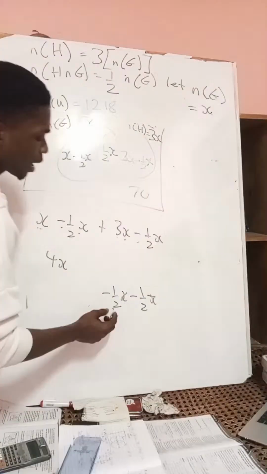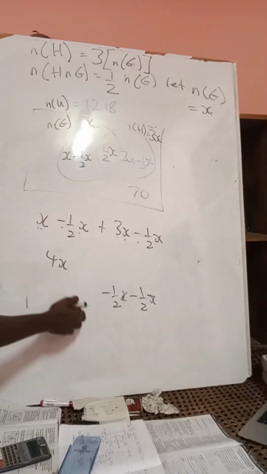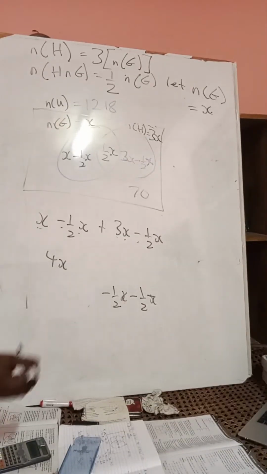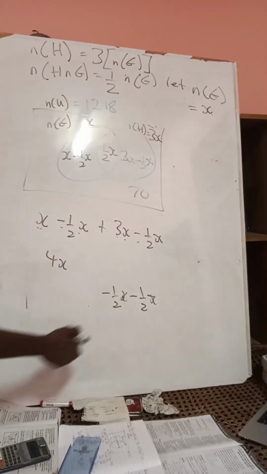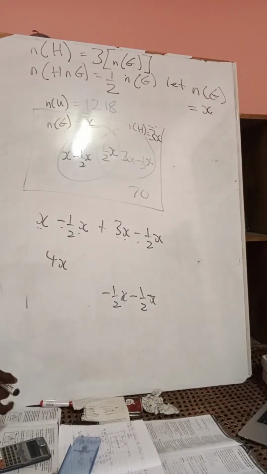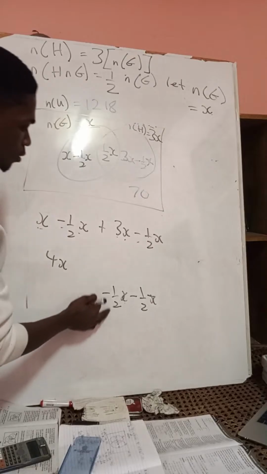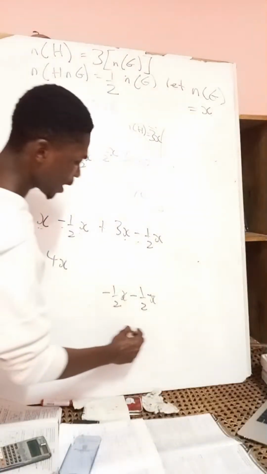It's negative, so it's like owing half to one sister and half to another. So in total you're owing 1.